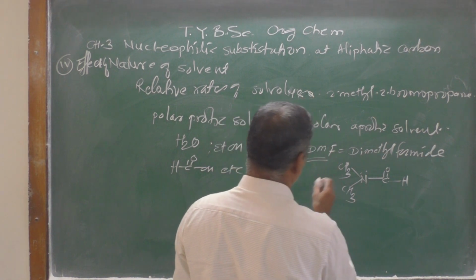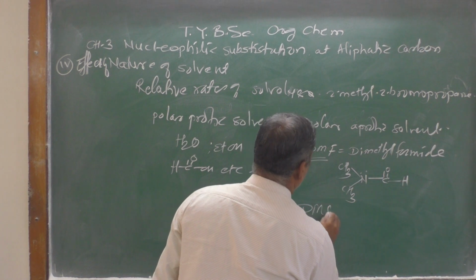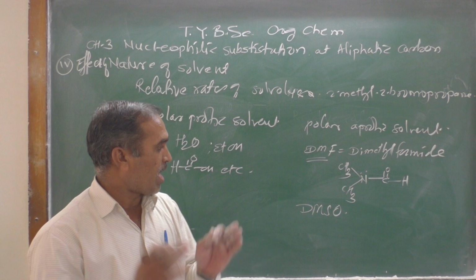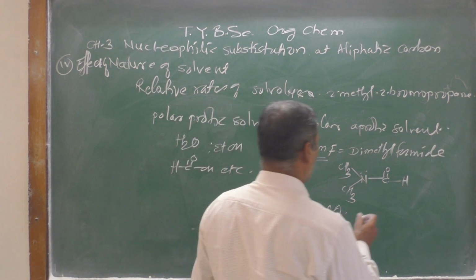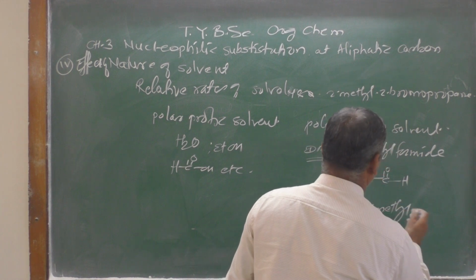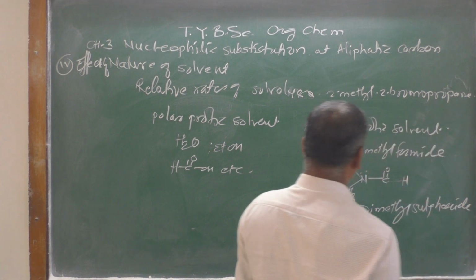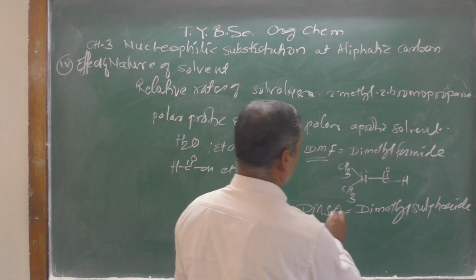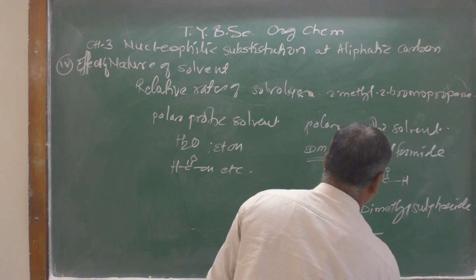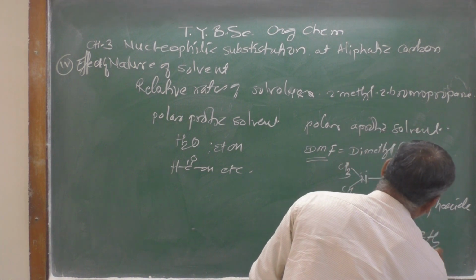Now DMF is a polar aprotic solvent. Another one is DMSO, meaning dimethyl sulfoxide. That is the full form of DMSO, and the structure of dimethyl sulfoxide is CH3, S double bond O, and CH3.